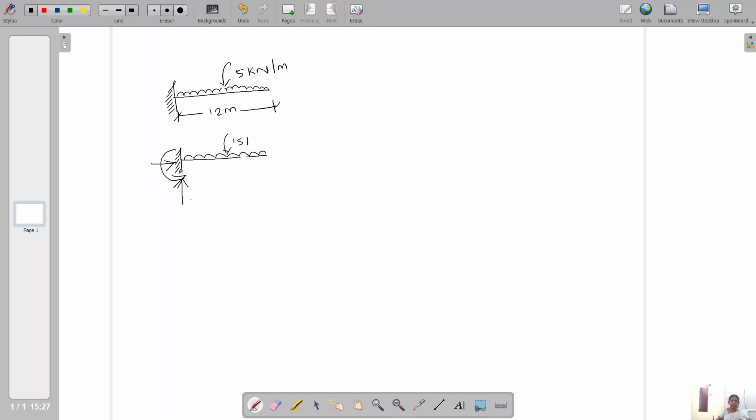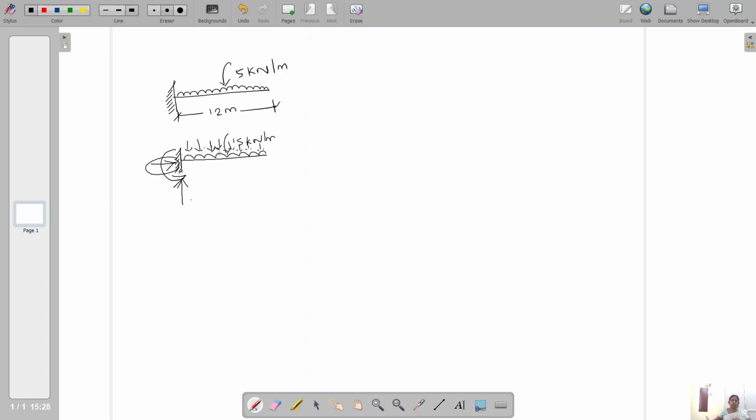Why I am telling about the loading conditions: this beam is subjected to only a uniformly distributed load in the perpendicular direction, that is the y direction. So there is no horizontal loading in this beam. Hence, horizontal resistance will not be created in this support condition.